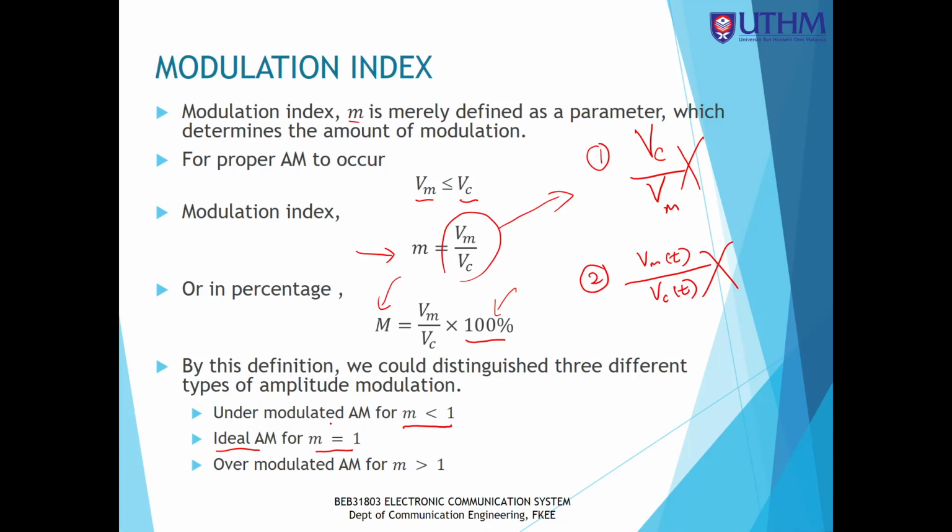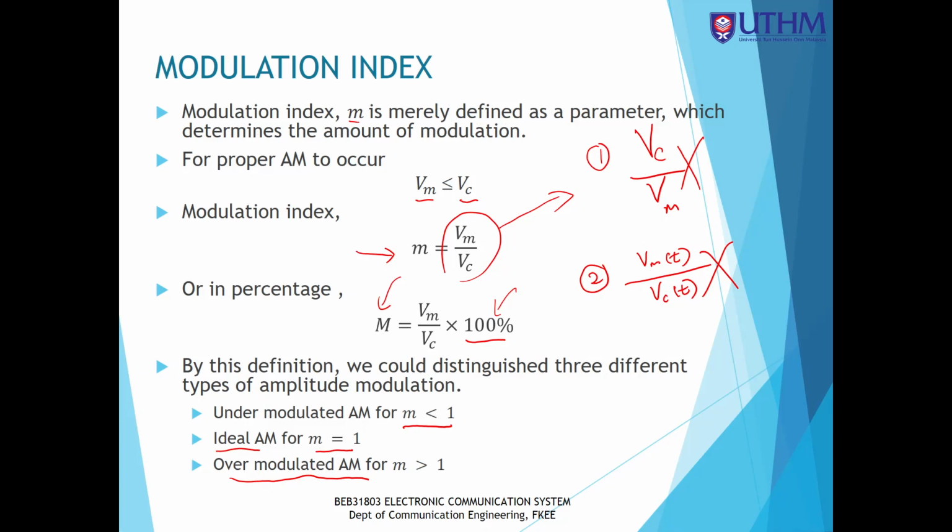And overmodulated AM for M more than 1. So less than 1 is undermodulated, equal to 1 is ideal AM, over 1 is what we call overmodulated AM. Okay, and we have asked these questions in the previous semesters.